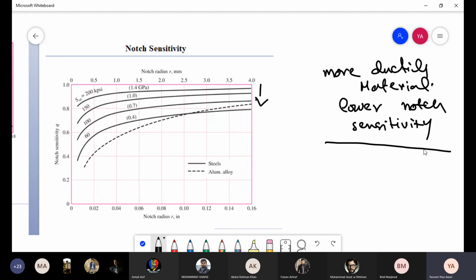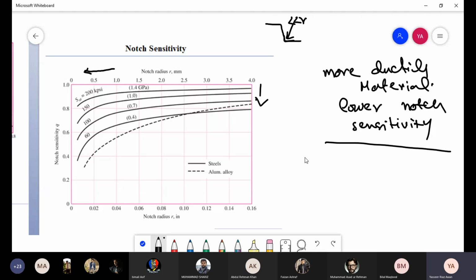Whereas in terms of notch radius, this may be a little non-intuitive. When the notch radius reduces, so the sharper the notch, say you have a section change, and this R, the smaller this R, that is this notch radius, when this decreases, your notch sensitivity is reduced.